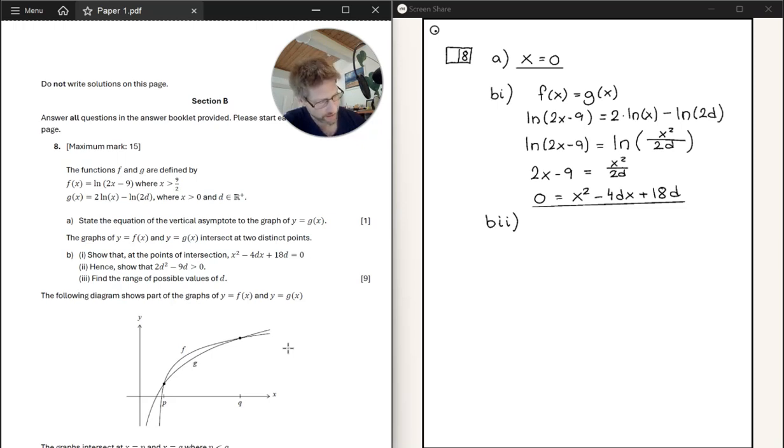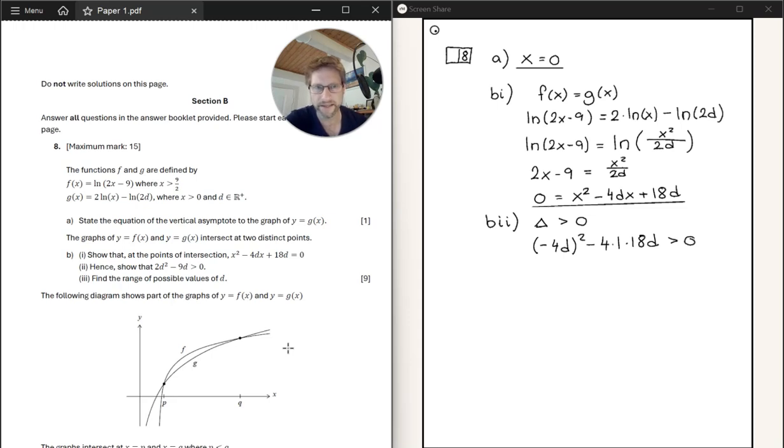So what we want to say is that the discriminant of this equation must be positive, and the discriminant is the coefficient of x, that's minus 4d, squared, minus 4 times the coefficient of x squared times the constant coefficient, 18d, must be positive.